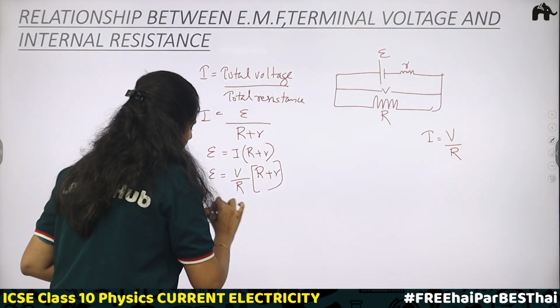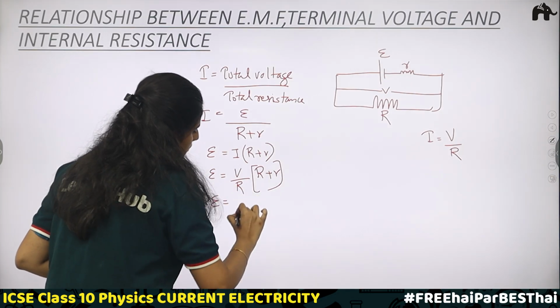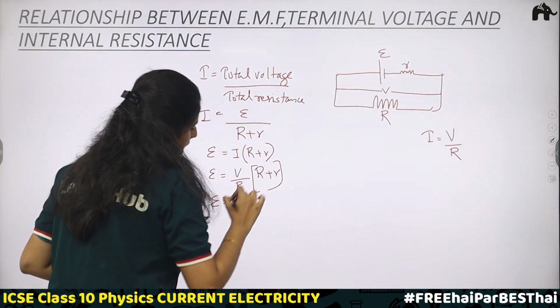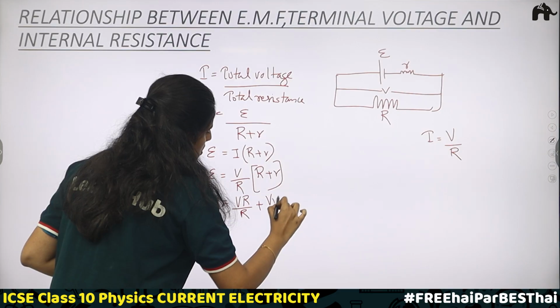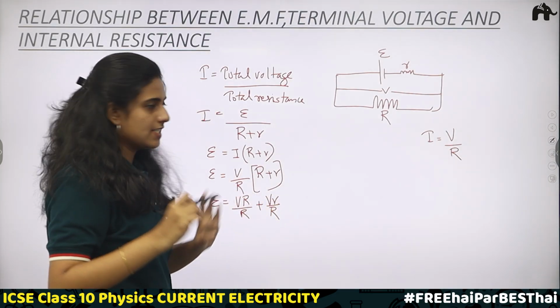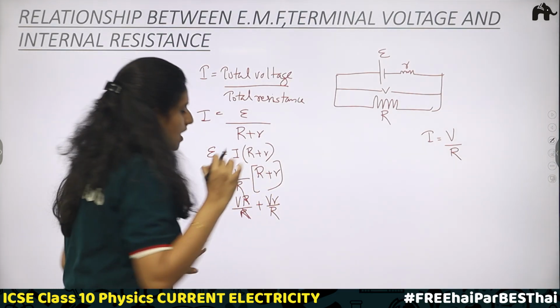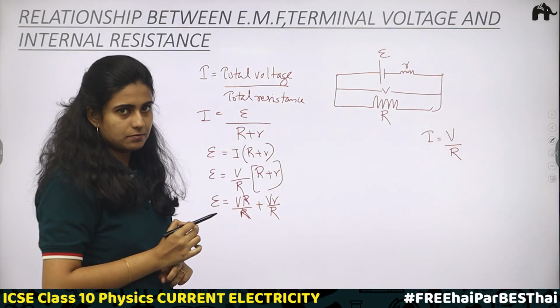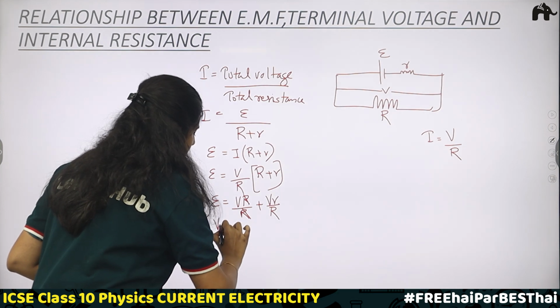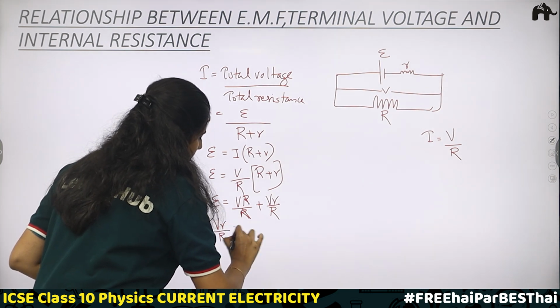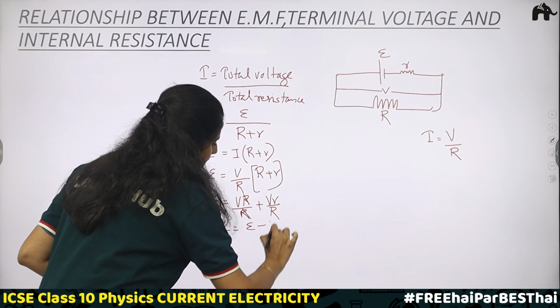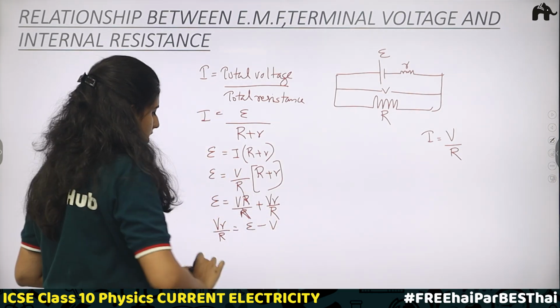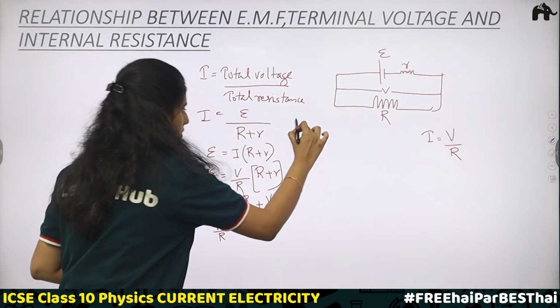Okay. Now epsilon is equal to VR divided by R plus Vr divided by R. Removing the brackets and multiplying, capital R can be cancelled. What we need is small letter r. So Vr divided by R will be equal to epsilon minus V. Taking this V to the opposite side becomes minus V. Now next, what to do?